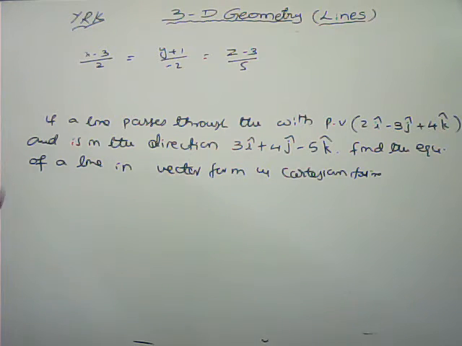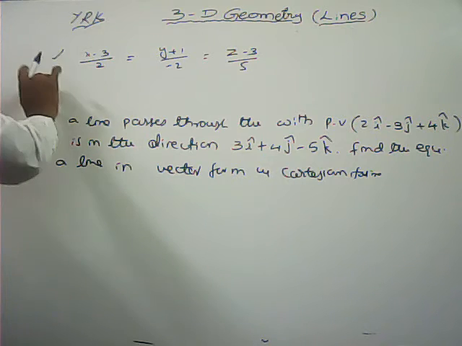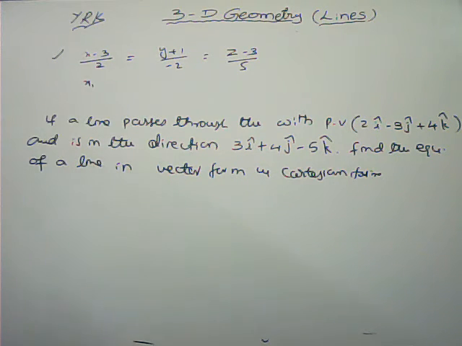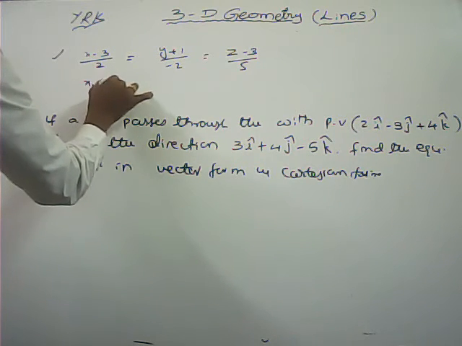Here the equation of the line is given in the Cartesian form. How to write it in the vector form? This line passes through the point x1, y1, z1.